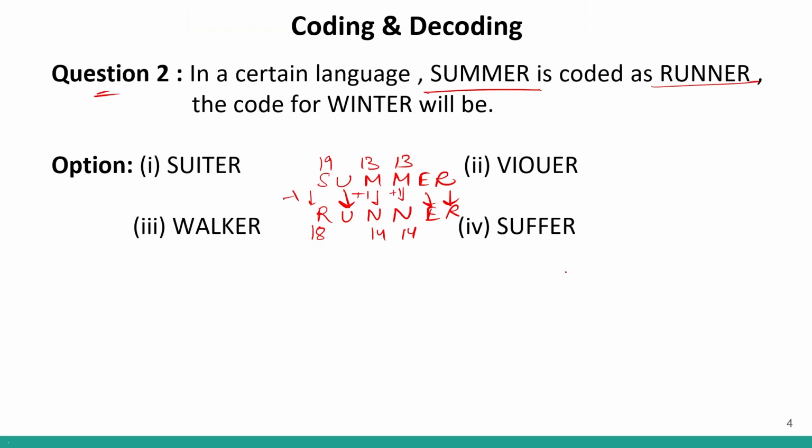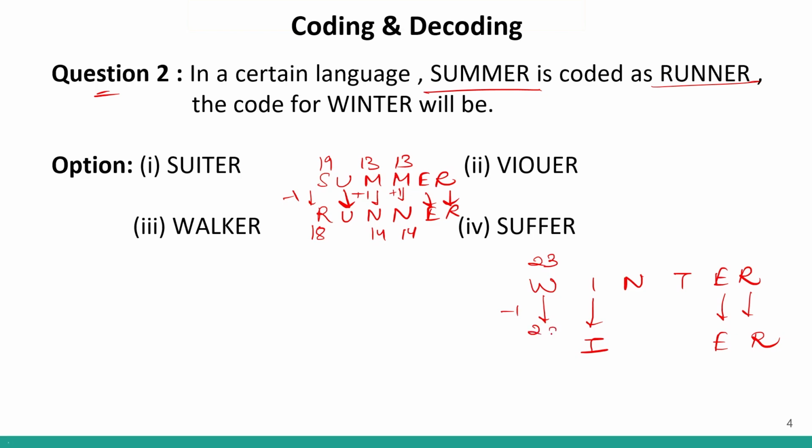So let's do the same thing for winter. In winter, the last 2 will remain the same. So E and R will remain the same and the second will also remain the same. That is I will remain the same. Correct? Now from W, I will go minus 1. So W is how much? W is 23.